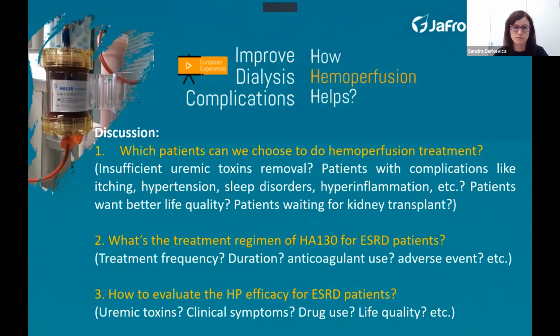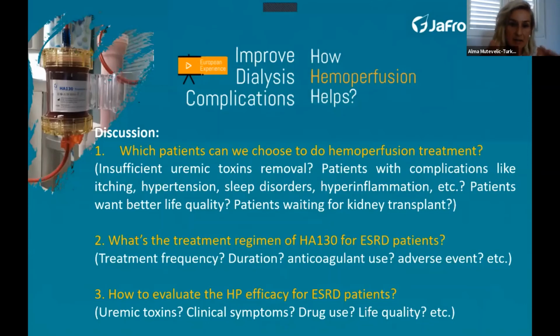Very nice. Alma, finally, last but not the least. When it comes to our experience in our unit, the treatment frequency, as I said earlier, for the first 7 patients, because of the lack of HA cartridges, was mostly individualized.